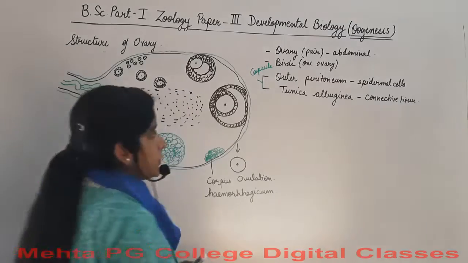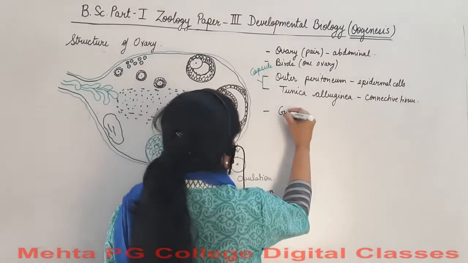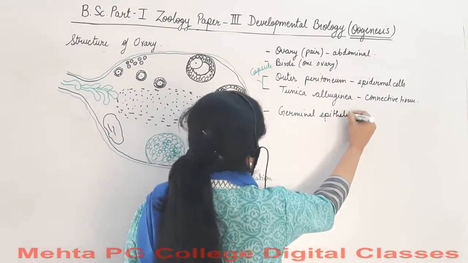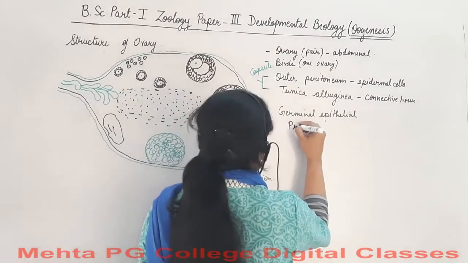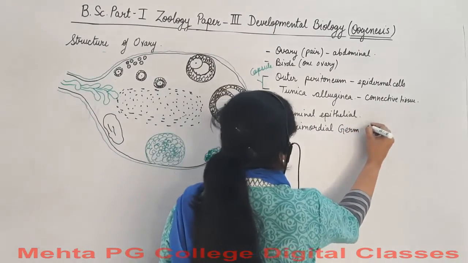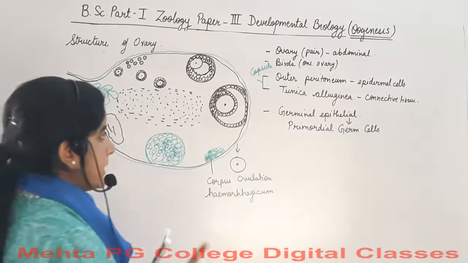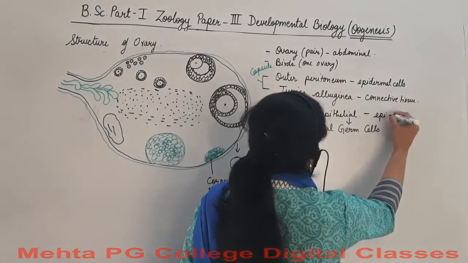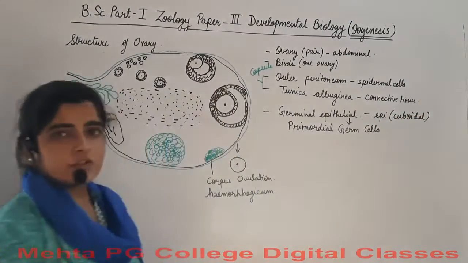Under the capsule, the layer which lies is the germinal epithelium, which is composed of primordial germ cells. This germinal epithelium contains epidermal cells, but they are cuboidal structures.